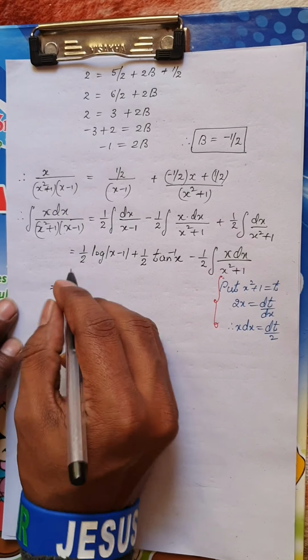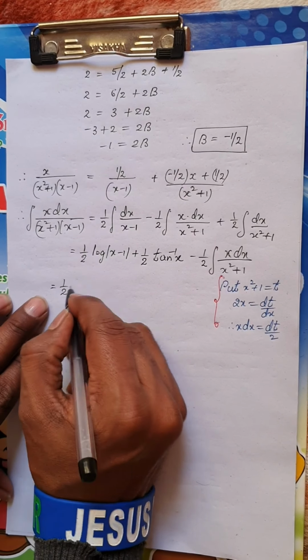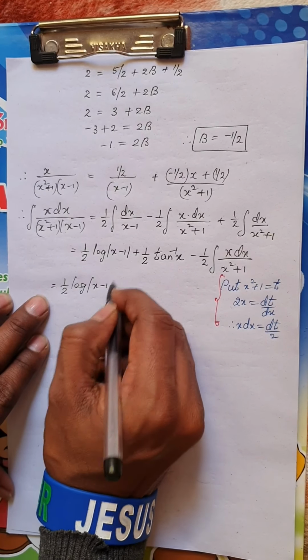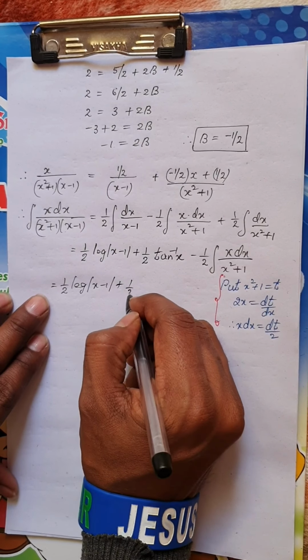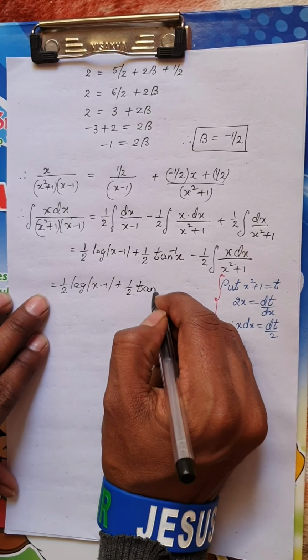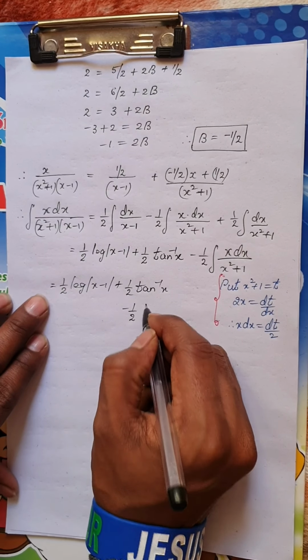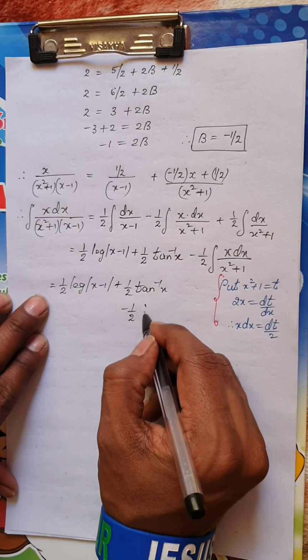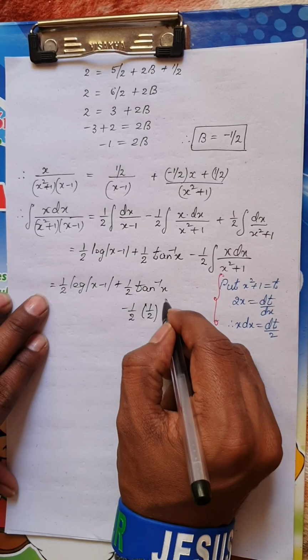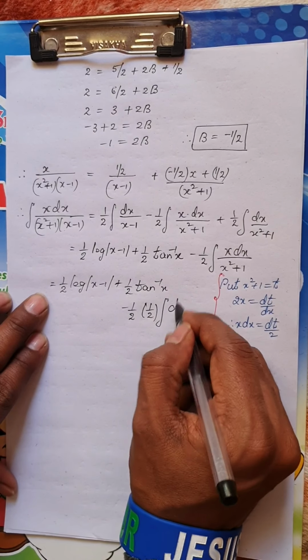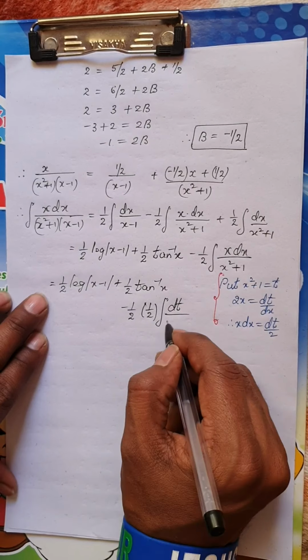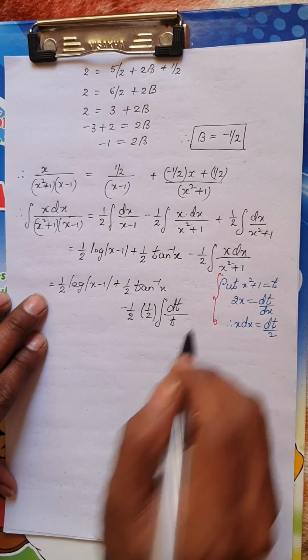So this is nothing but, these two are already integrated, half into log of mod x minus 1 plus half into tan inverse of x, remember, minus half into, remember I have dt by 2. So I am going to take another half outside, integral of x dx would be dt divided by x square plus 1, which is nothing but t.